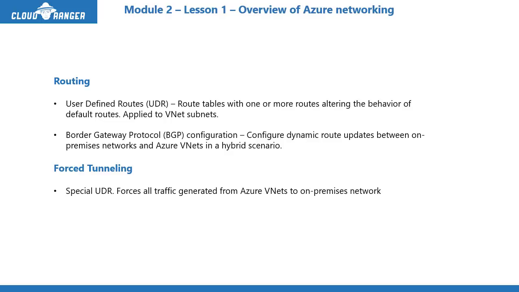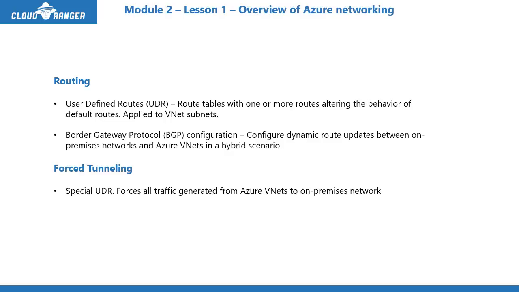So if you're using BGP to do your dynamic routing, Azure will allow you to configure that on your VNets to help you update with the dynamic route updates and everything else. You and I are not going to do that because I don't have a setup for it, but you can definitely read up on it. If you're going to do some of this in a practical environment, there are a lot of resources online in Azure Docs where you'll find the information to do that if it is applicable to you.